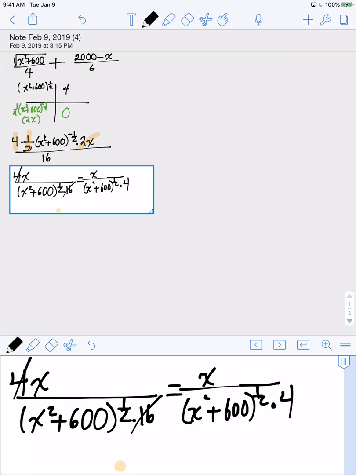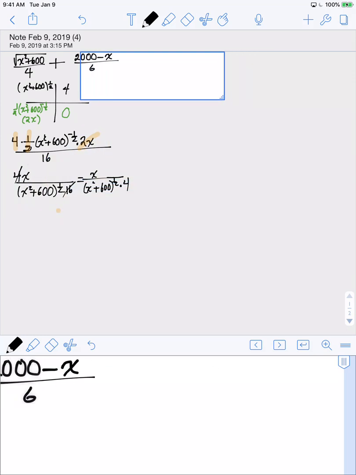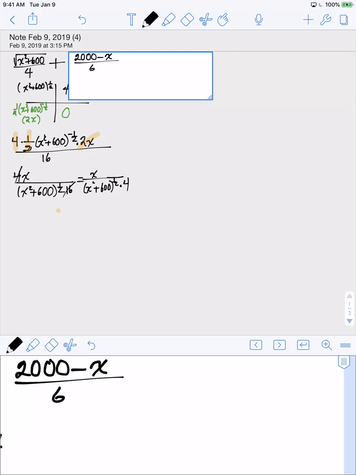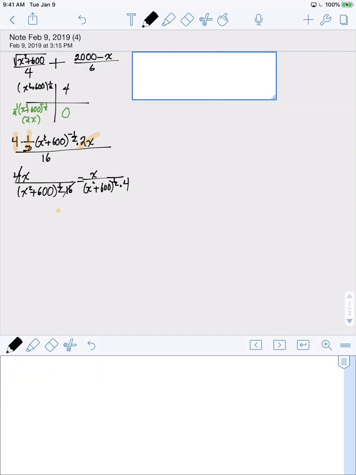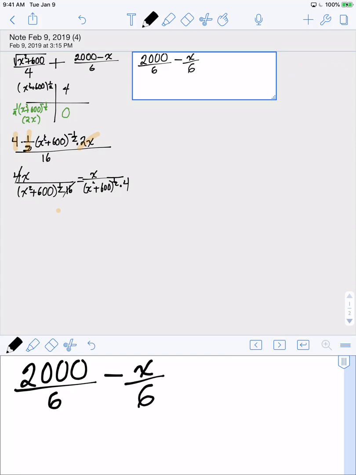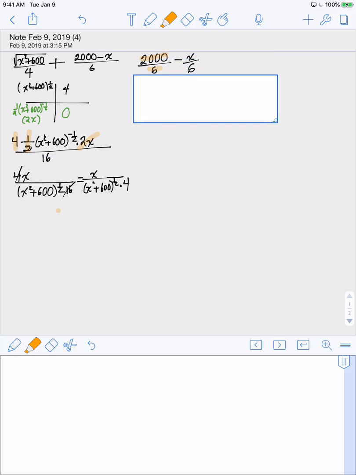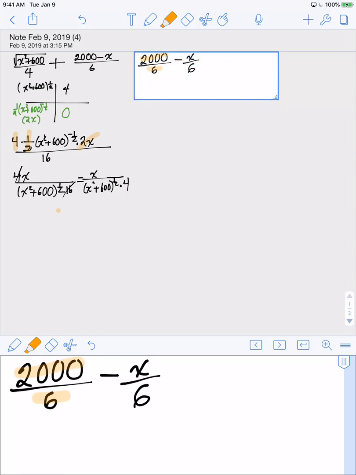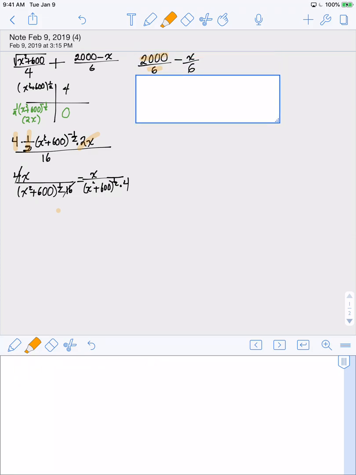But there's the derivative of the first leg of her trip. And now let's go back and deal with this 2000 minus x over 6. This derivative is going to be a lot easier because watch what I'm going to do. There's no square roots or anything. I can rewrite that fraction as 2,000 over 6 minus x over 6. And if I take the derivative, well, guess what? 2,000 over 6 is a constant, so that just becomes 0. And negative x over 6, that derivative is just negative 1/6.